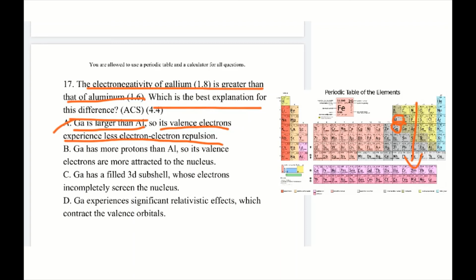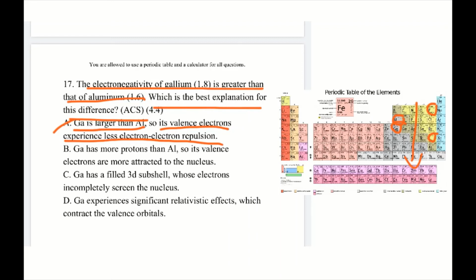So if we compare the electronegativities of iodine and fluorine, we could argue that, oh, well, iodine has a higher atomic number, or it has more protons than fluorine, so the electrons in iodine are more attracted to the nucleus.